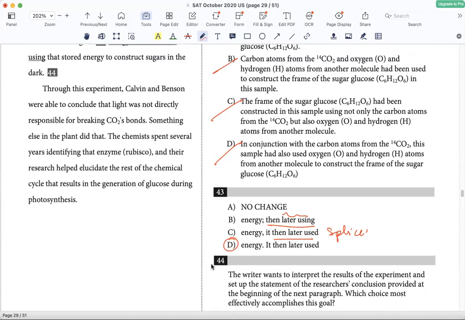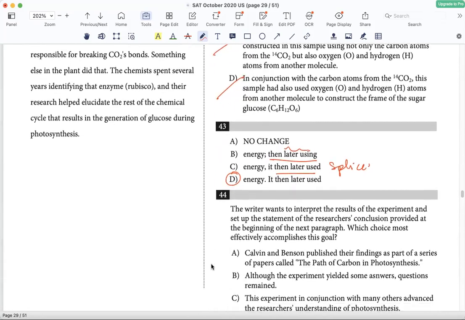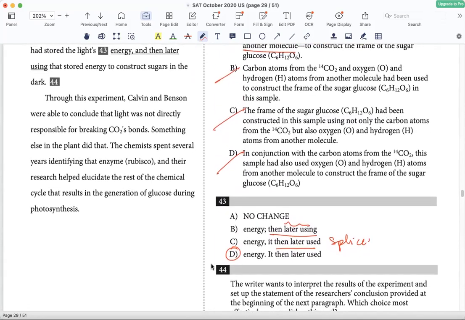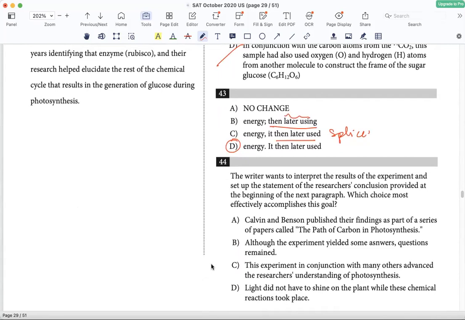The chemists spent several years identifying that enzyme, and their research helped elucidate the rest of the chemical cycle that results in the generation of glucose. Okay, so I need to complete the previous paragraph. Calvin and Benson published their findings as part of a series of papers. Although the experiment yielded some answers, questions remained. This experiment, in conjunction with many others, advanced the researchers' understanding of photosynthesis. Light did not have to shine on the plant while these chemical reactions took place.